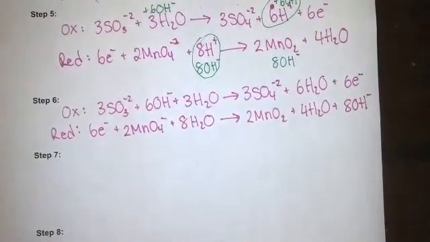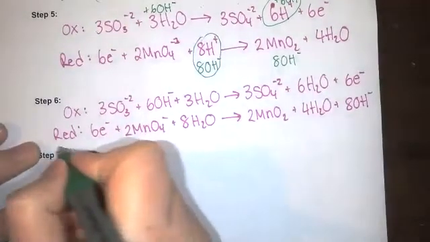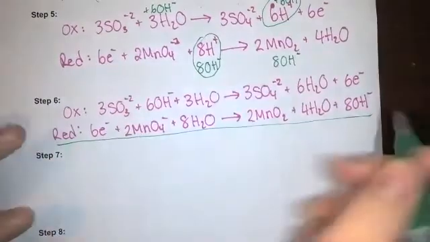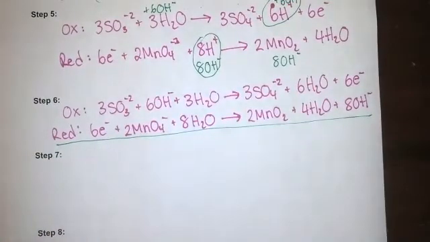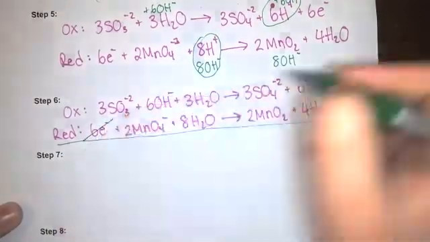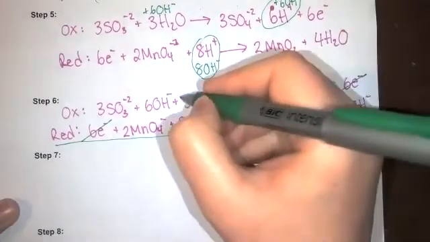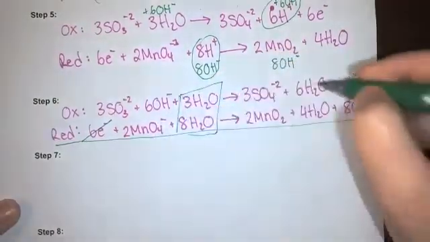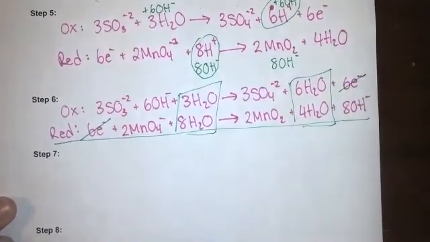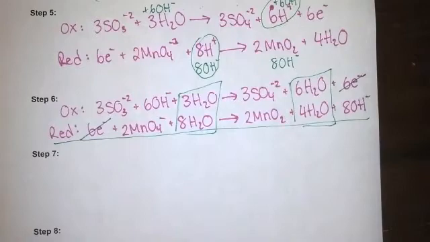Okay, so now we finally reached a point where we can combine them together. So we're going to do that. Think of this as I am just adding all these together. But watch what I can cancel out here. So actually in this step, I'm just going to cancel out my electrons. But notice how I can combine my waters. They're actually going to add together.